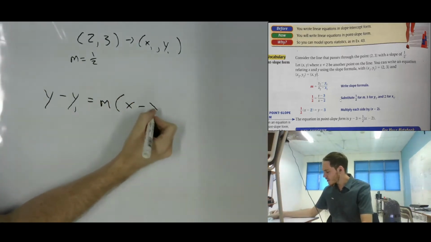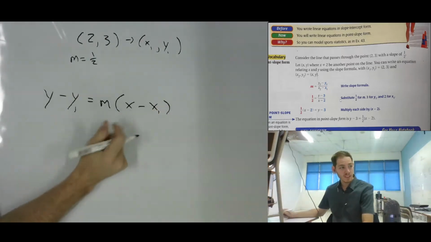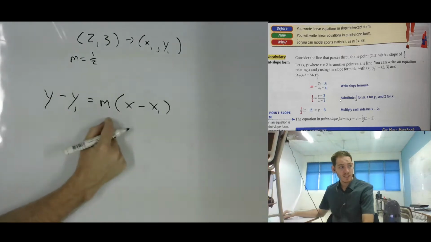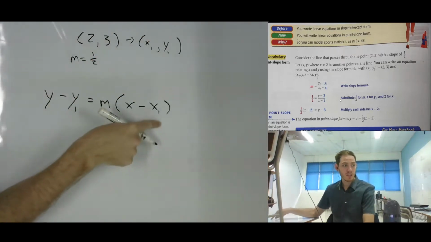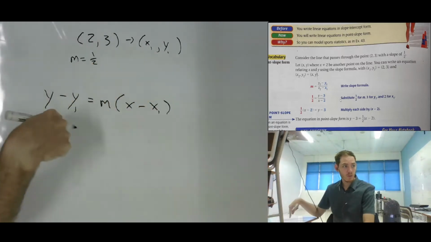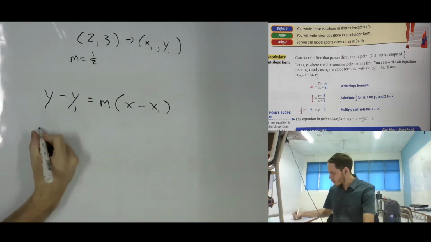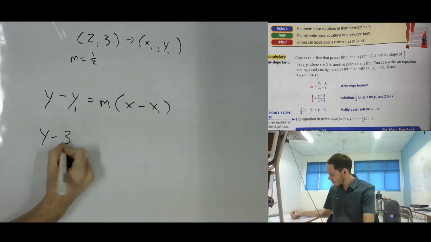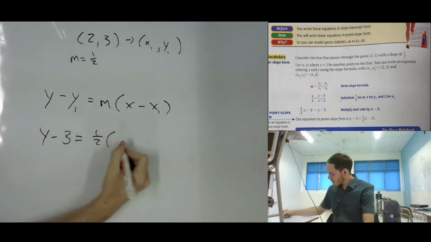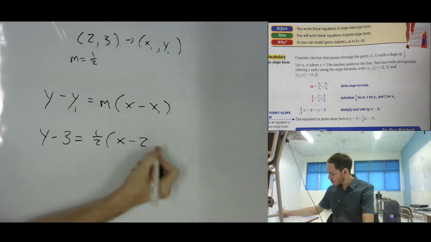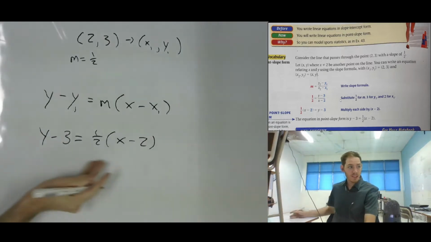What should be unchanged is the variables that have no number next to them. What should be changed is the things that we could plug in. So we could plug in 2 for x1 right here, 3 for y1 right here, and 1/2 for m. So we get y minus 3 equals 1/2 (x minus 2). And that is going to be our point slope form.